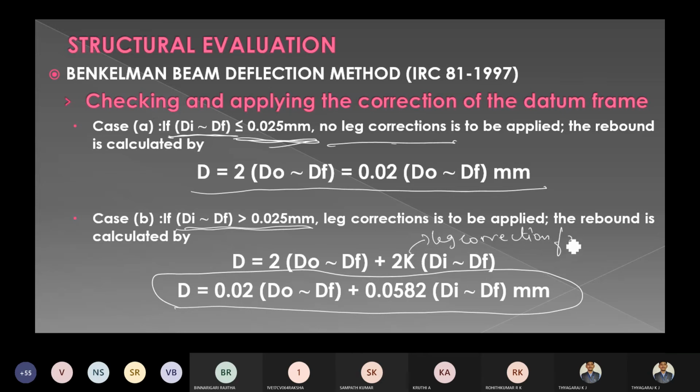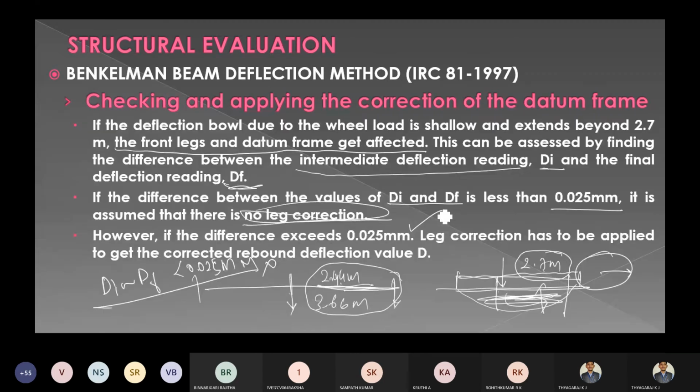By applying the leg correction factor, we get the actual deflection. So remember, the correction will be applied only when the difference between the intermediate and final readings exceeds 0.025 mm.